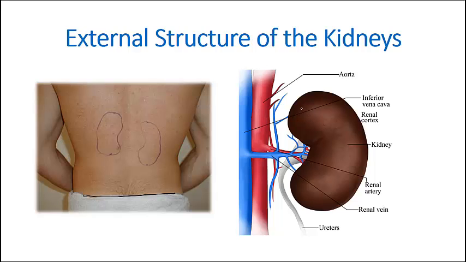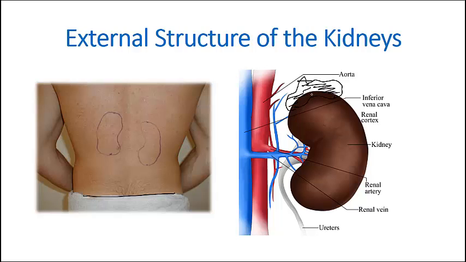They also have another special gland present on top of both kidneys, which is not drawn here but I am drawing now. This is known as the adrenal gland, which is a part of the endocrine system. It is normally present on top of the kidney and remains attached there, and this adrenal gland secretes different hormones.